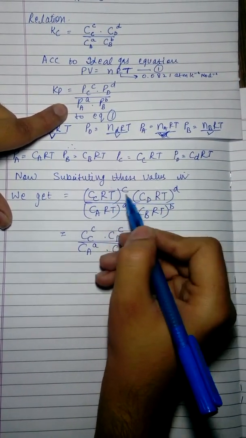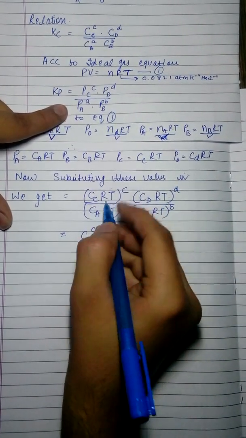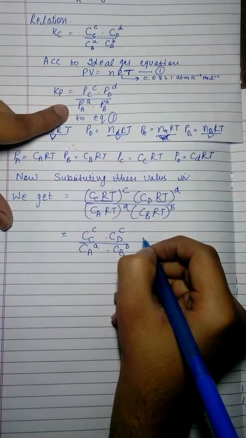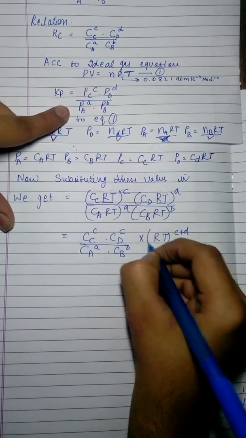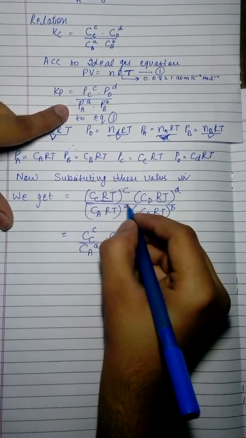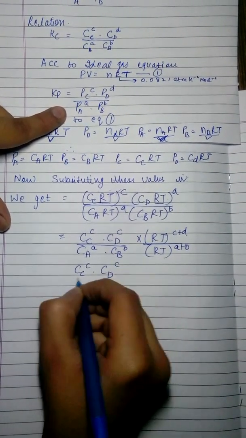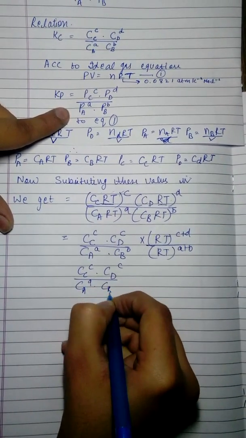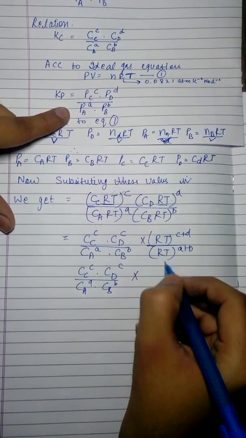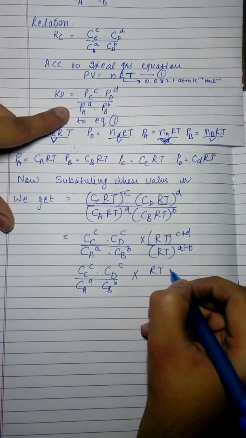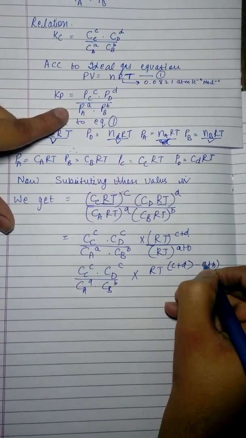I am taking RT, bases are same, powers will get added here only for RT, into RT raised to power c plus d upon RT raised to power a plus b. C is concentration here, that is RT raised to c plus d minus a plus b.